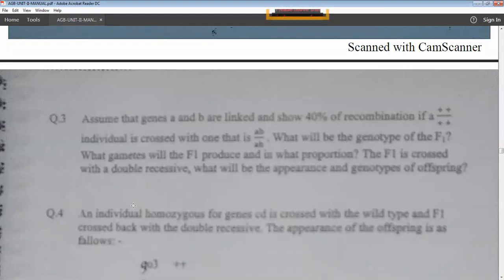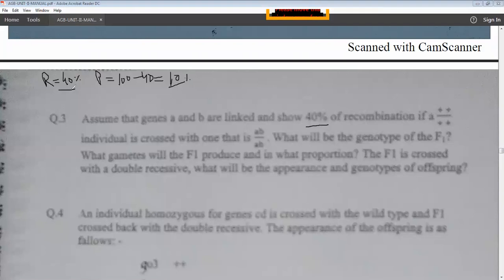Now from the very first line, we see that the recombination percentage is 40%, meaning R is equal to 40%. If recombination is 40%, then the parental form will be 100% minus 40%. In a 100% population, if 40% are recombinants, then the rest, 60%, are the parental forms.